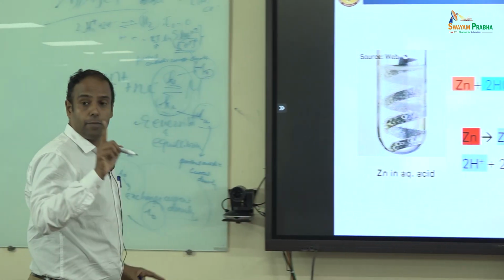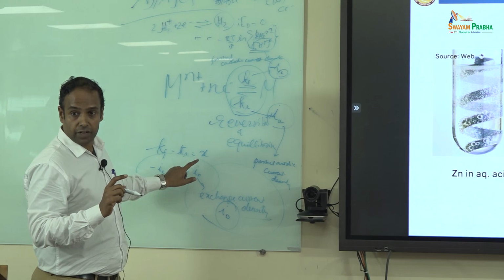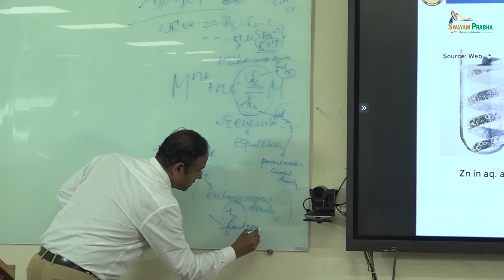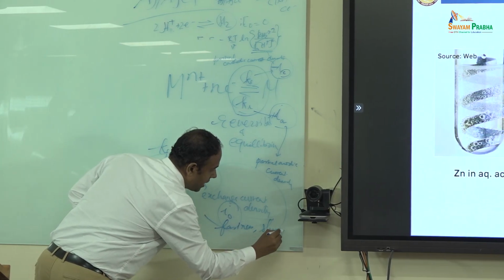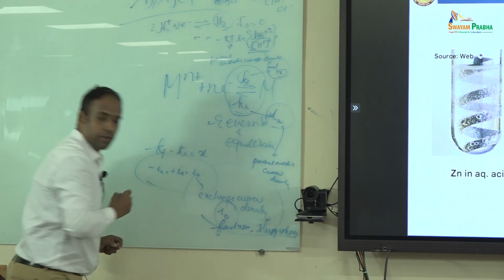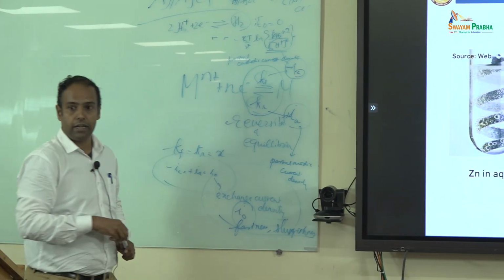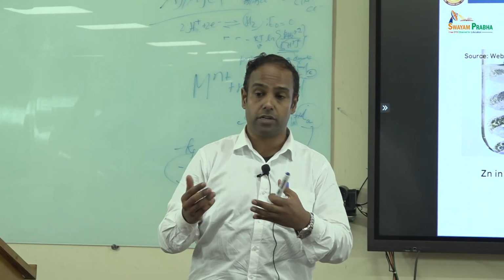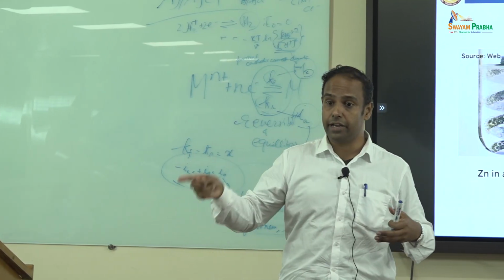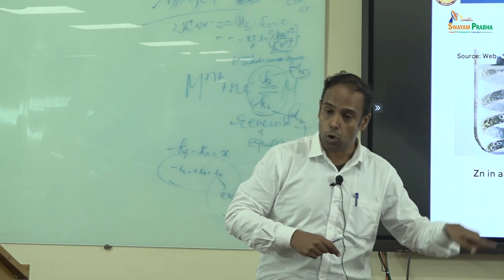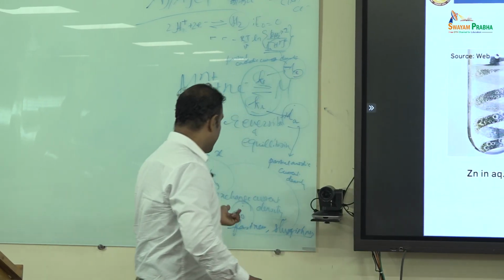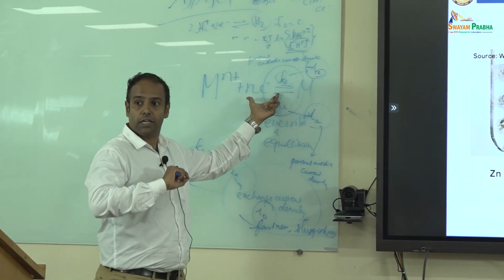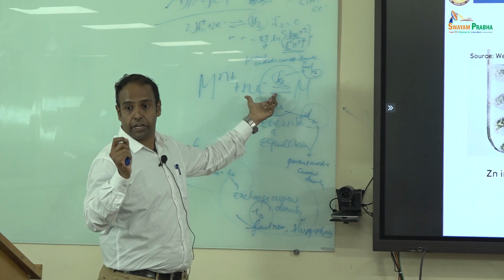So for an electrochemical reaction under reversible equilibrium conditions, I naught talks about the fastness or the sluggishness of the reaction, right. If the value is lesser, it is sluggish; if the value is higher, it is fast. The Land Rover is faster in terms of idling rate, but the Ambassador is slower. So I naught gives you an idea about this reversible reaction, how fast or how sluggish it is.